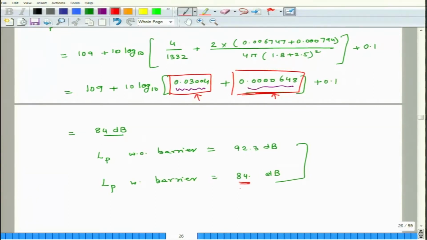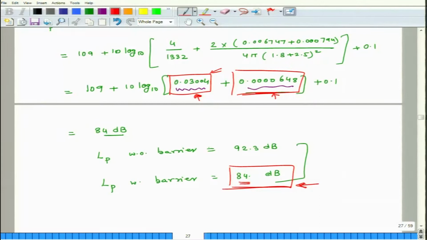So, if I want to go significantly below 84 decibel level, then I have to do something different than just a barrier. This is probably my limit up to which we can go down indoors. In outdoor situations, this term will not be there, so it does not matter, but indoors this term does not change much, and this is roughly the lowest possible value of LP I will get.